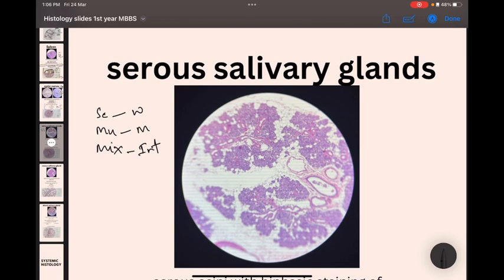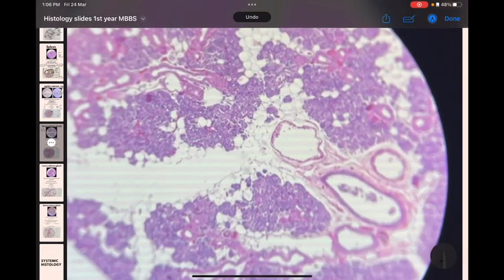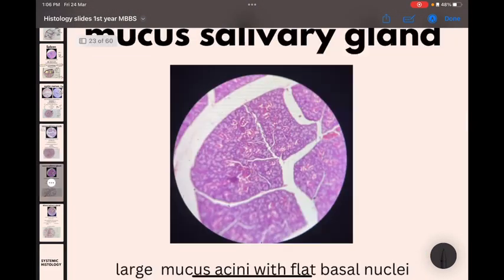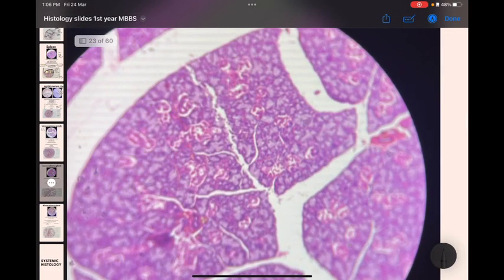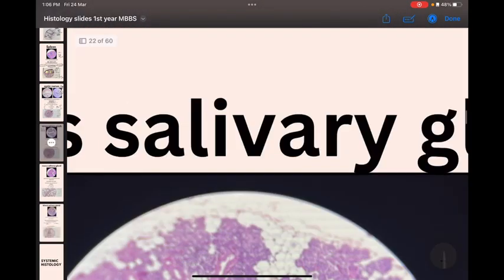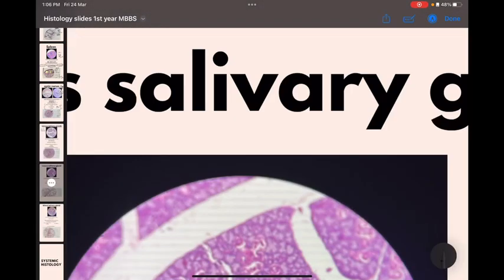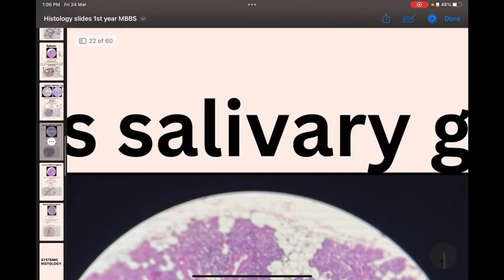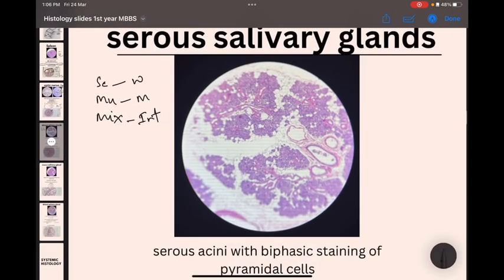This is the slide of serous salivary gland, then mucous salivary gland, and this is mixed salivary gland. Serous, mucus, and then mixed. I know you won't understand it right now.